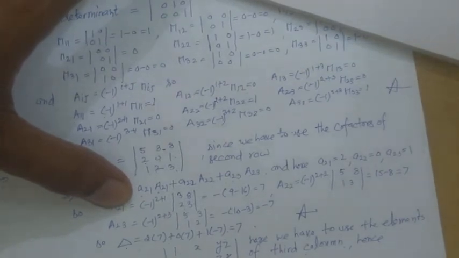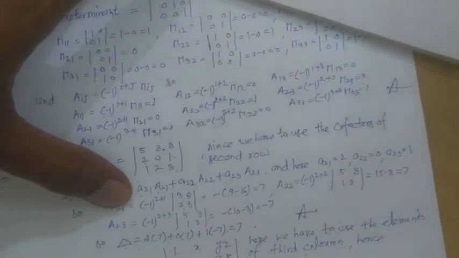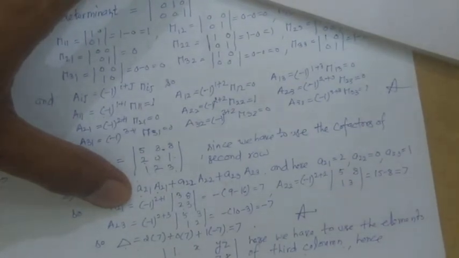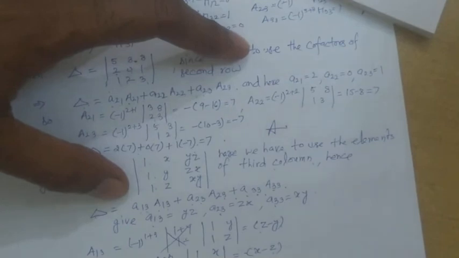Now the cofactor A13 is equal to Z minus Y, A23 is equal to X minus Z, A33 is equal to Y minus X. Now the value of this determinant is equal to YZ(Z minus Y) plus ZX(X minus Z) plus XY(Y minus X).